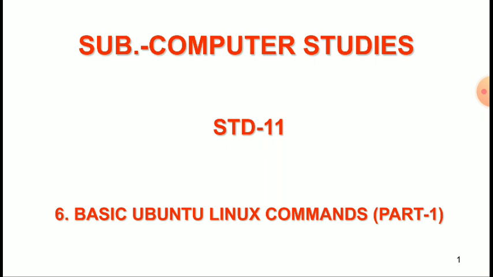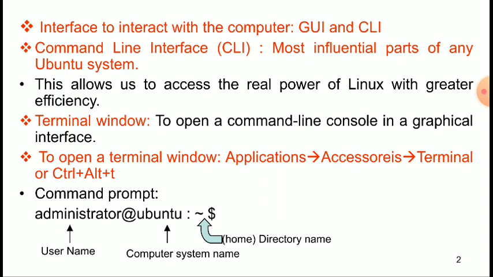The command line interface allows us to access the real power of Linux with greater efficiency. That is the most influential part of any Ubuntu system. So, first are the interfaces to interact with the computer.